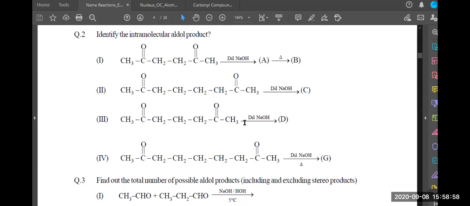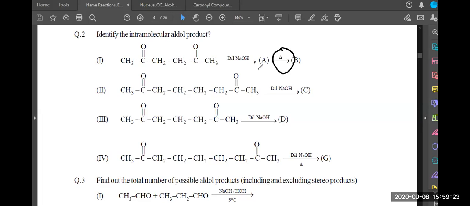Now see this: whenever heat is given, you have to notice this also. Whenever heat is given, you have to remove OH and form a double bond. But if heat is not given, normally you should not remove OH. But in some cases, in some textbooks or previous year questions, they have removed OH. For that, just see the options; don't be adamant.